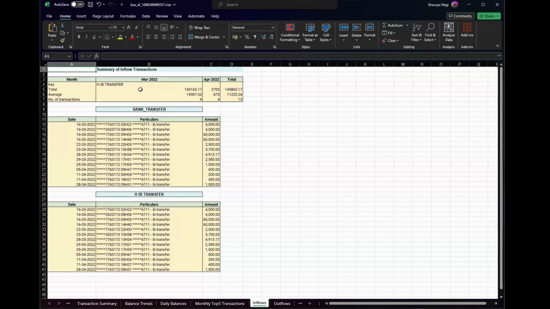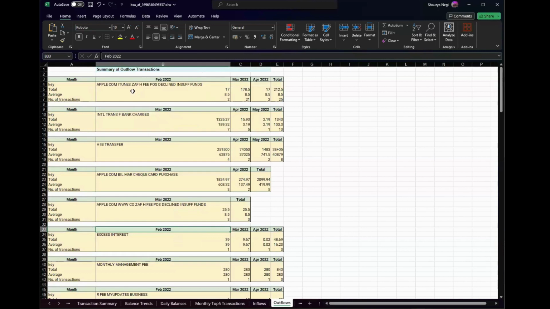As you can see, this is the inflow analysis sheet, and the outflow analysis sheet is here, which also gives you a summary of the number of transactions, the total amount of the transactions per month, as well as the average amount of those transactions on a monthly basis.